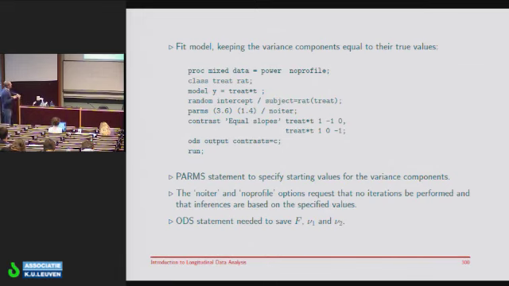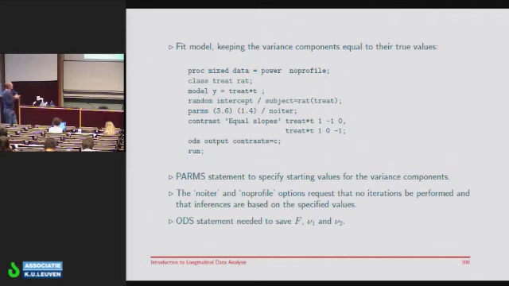Well, the variance components are 3.6 and 1.4, and you can specify them in SAS by using a PARMS statement. So in the PARMS statement, you basically specify starting values for the covariance parameters. But of course, I don't want them to be starting values. I want to keep them fixed.